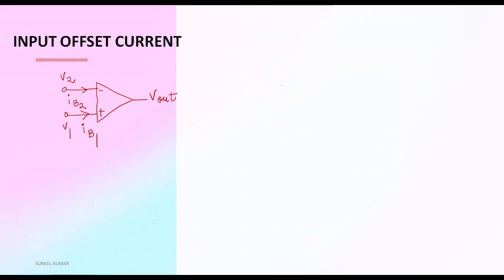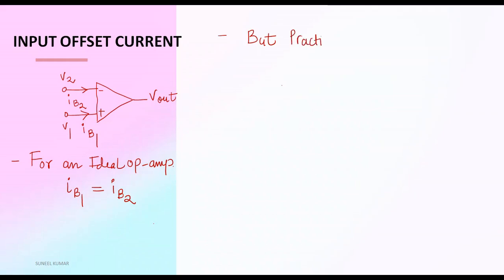So we can write here: for an ideal op amp, IB1 should be equal to IB2, but practically there is imbalance in the circuit.